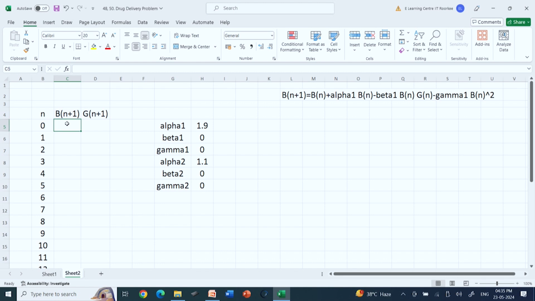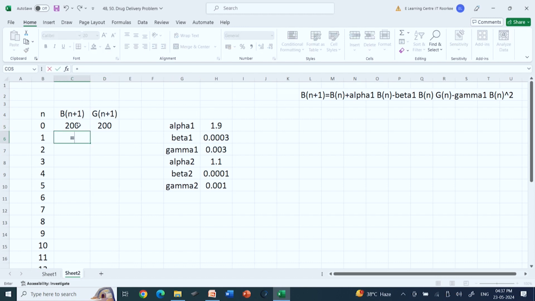I take the initial values of both the species to be the same, say 200, and then calculate this.